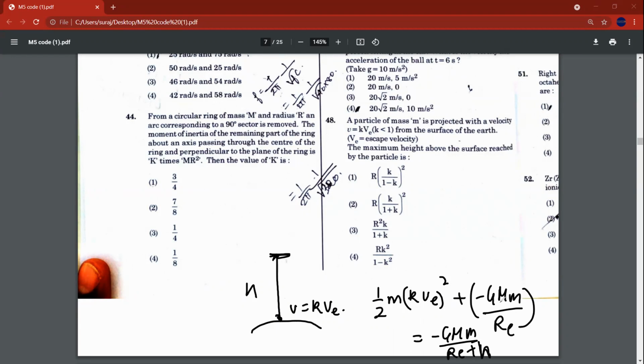The maximum height h they are asking. Just equate. Ve formula is how much? Root over 2GM by R. Substitute this v formula here and just cancel out GM by R everywhere. So option 4 will be correct. h will be option 4. This kind of question we already solved in class. Easy question, but it takes some time, a bit lengthy.